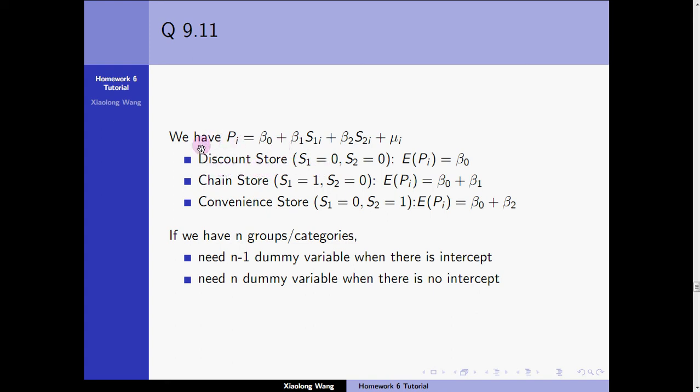So if we don't have beta 0 originally in this model, we would have another S0 to replace it. So in that case, we have three dummy variables for these three categories. So that's what you need to pay attention to when you construct the model.